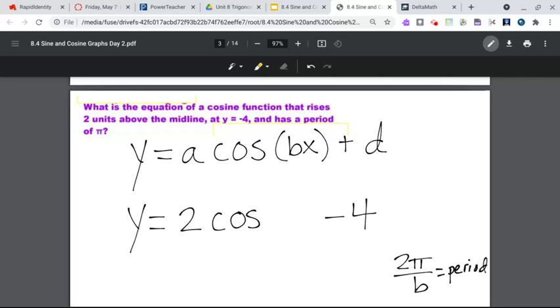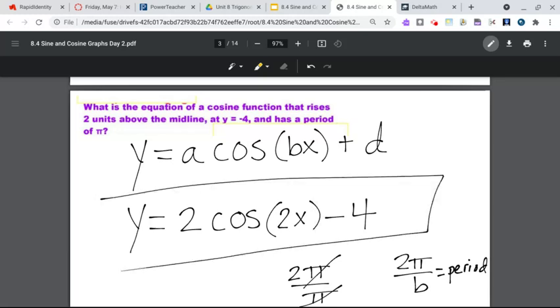So if we know the period, we can just do 2 pi divided by the period. So we're going to set it up. 2 pi over pi. This one's a little bit easier because the pi's just cancel. And you're left with 2 for your b value. There's your equation given the features.